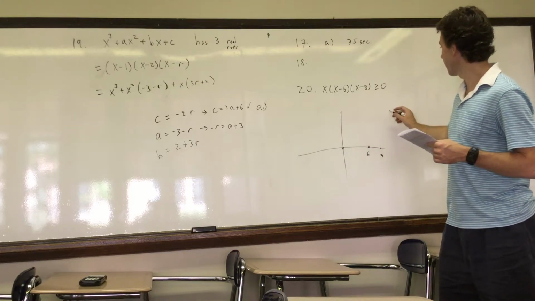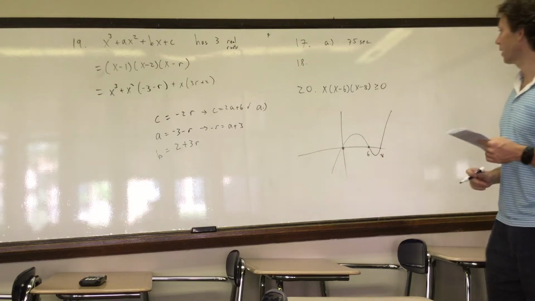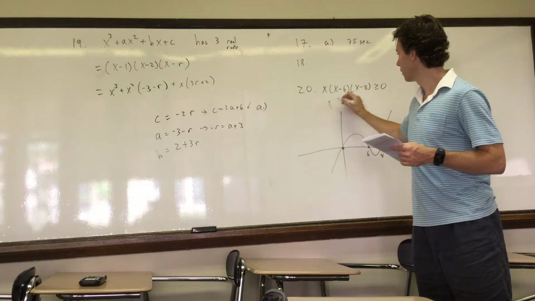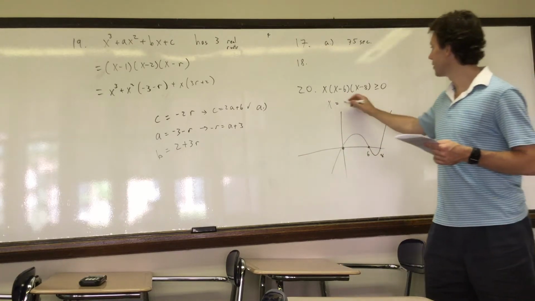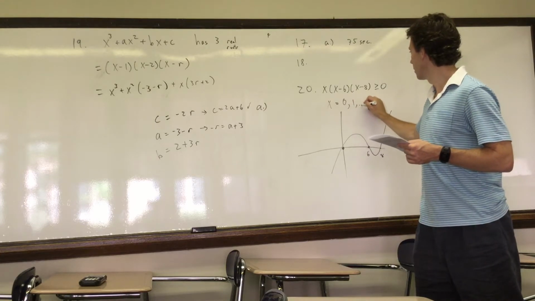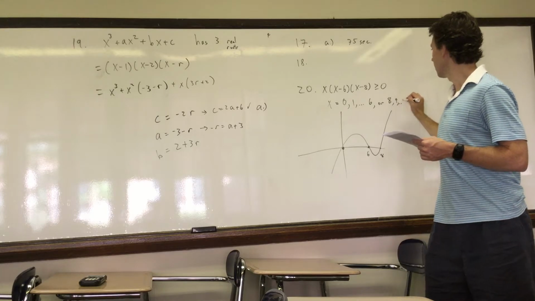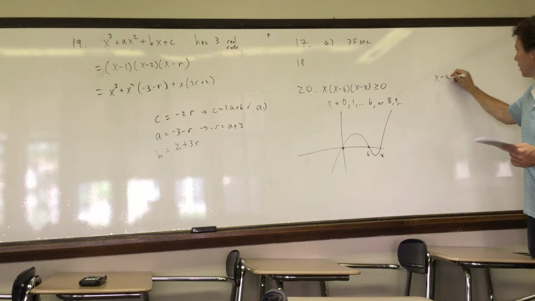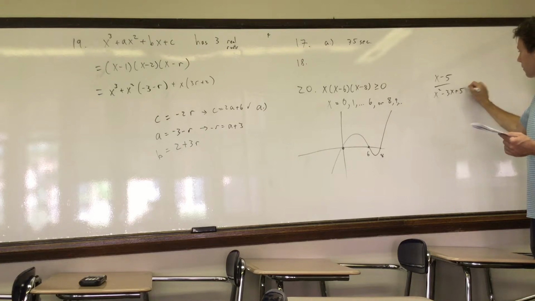It's a cubic with a positive leading term, so it'll look like this. So possible values for x that are integers are 0 up to 6, or bigger than 8. The other inequality looks like (x minus 5) over (x squared minus 3x plus 5) less than 0.